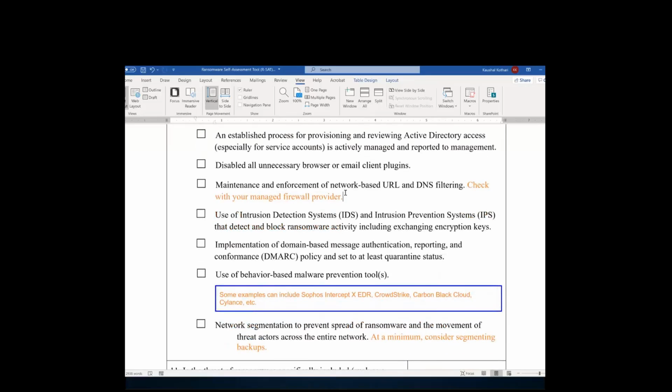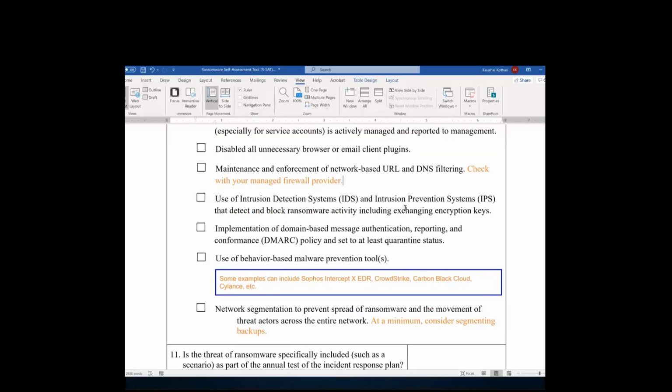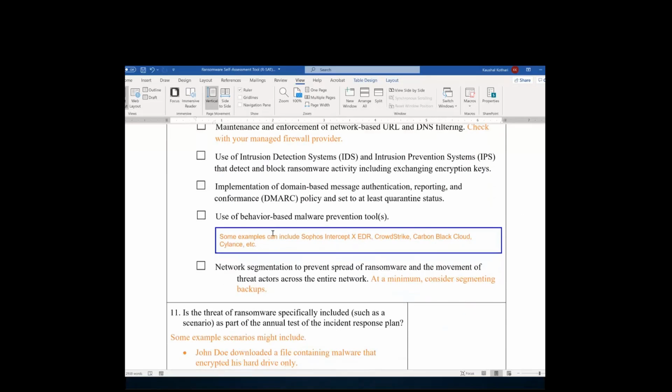Check with your network firewall vendor on content filtering, so URL and DNS filtering, and use of IDS and IPS. We'll usually see that at the boundary through your firewall. And this is something we've been harping on for a while: SPF, DKIM, and DMARC. They're saying that you want the DMARC set to at least quarantine status. And then they're asking if you're using a behavior-based malware prevention tool.